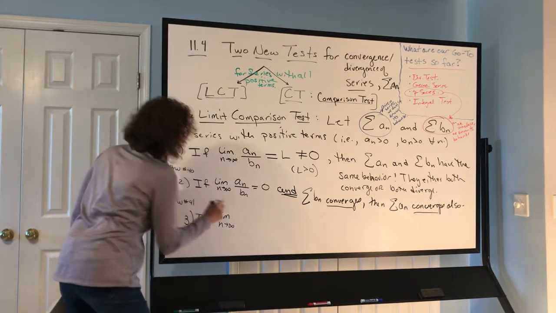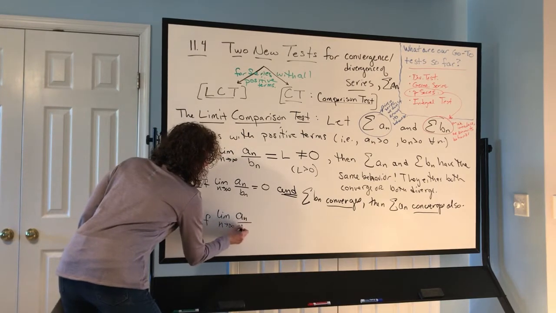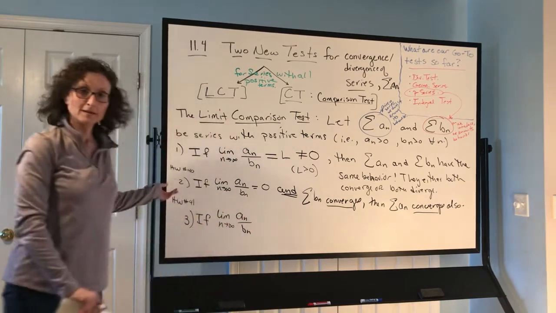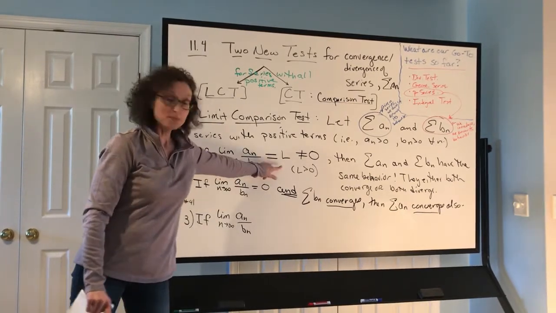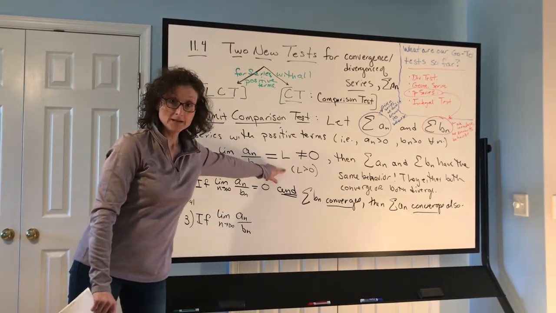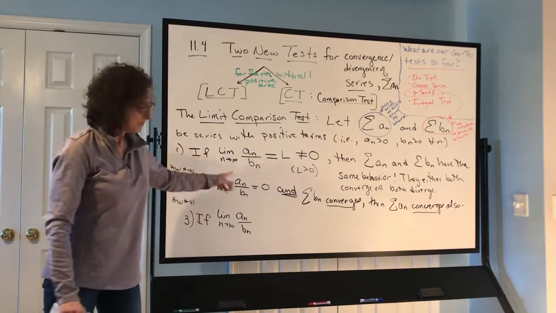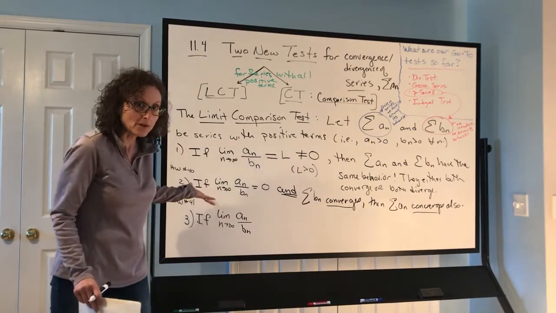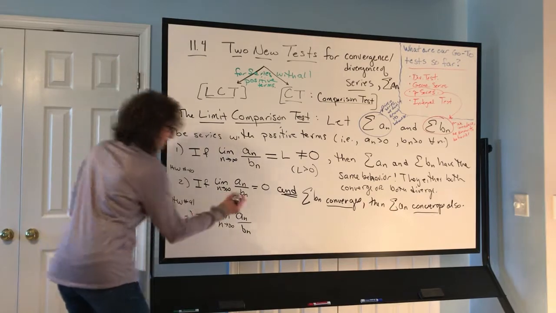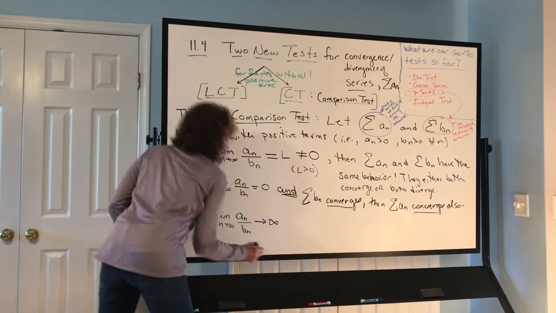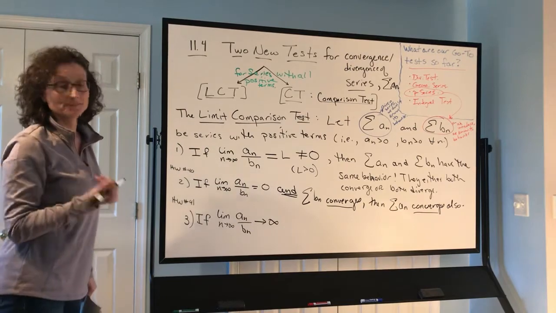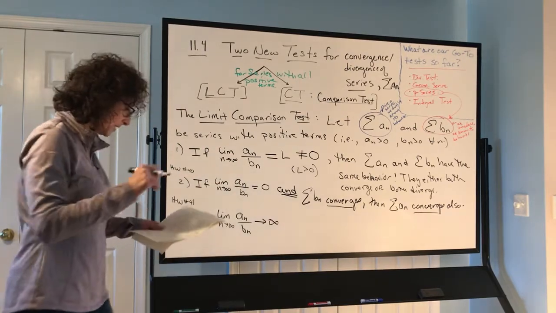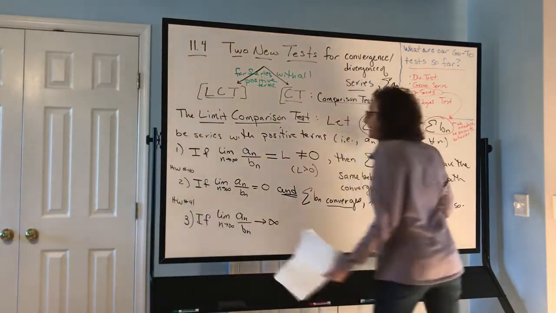If the limit as n goes to infinity of an over bn, we have the option of it being 0, and the option of it being any positive finite number. It's positive over positive, so what's the only other option? Grows unbounded. What if that limit goes off to infinity, grows unbounded and positive? Well, are we out of luck?